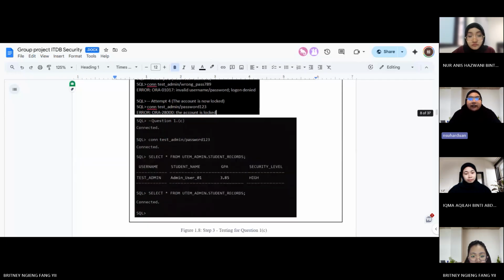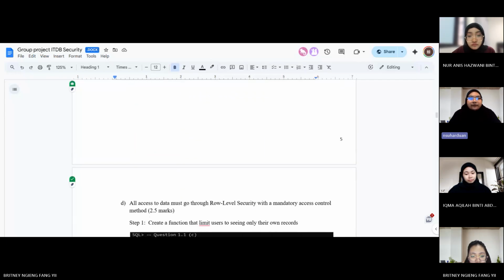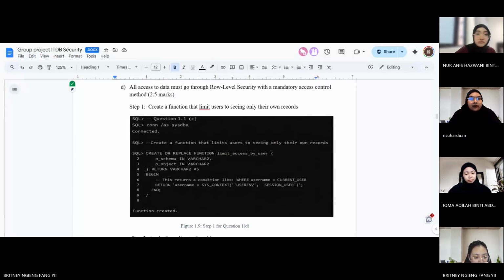Okay, for the next code, we restrict access based on specific conditions, using an after logon database trigger. Whenever a user attempts to connect to the database and executes the script, it will check the system time using sysdate.